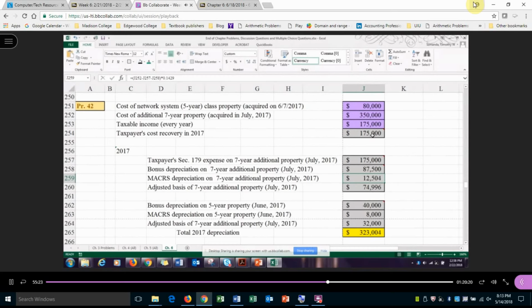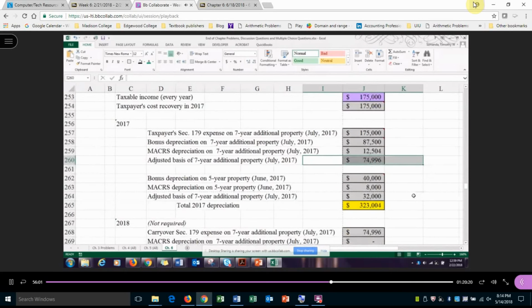All right, so 350 minus 175 minus 87,500 times 0.1429 gives 12,504. So the adjusted basis means, all right, this is what's left to depreciate in the future. Again, of this 7-year property, 74,996 using my values. Okay, so using my modified values, we have depreciation left on this 7-year asset of 74,996.